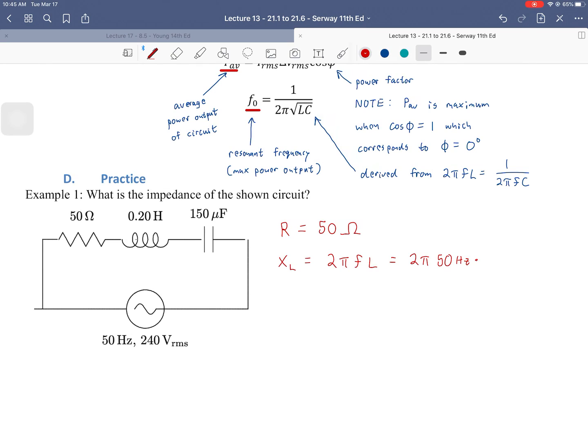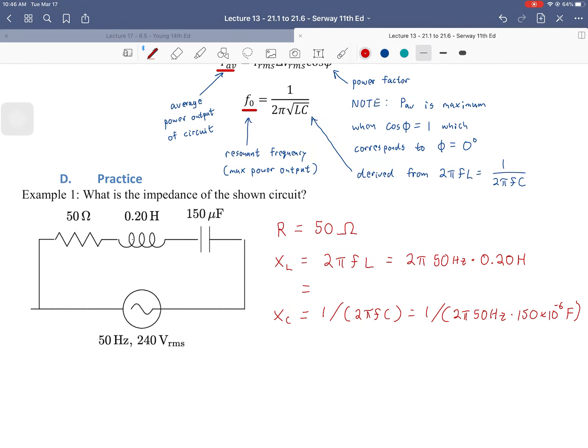Then we multiply by the inductance, given as 0.2 henries, and that's our reactance measured in ohms. I'll calculate in a second. I want to set up the capacitive one as well. That one is going to be 1 over 2 pi FC, which is 1 over 2 pi times 50 hertz times 150 times 10 to the negative 6 farads.